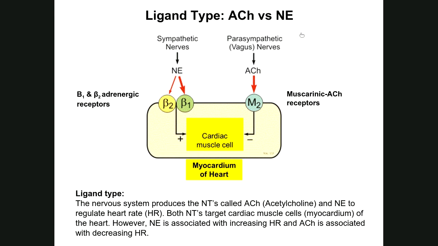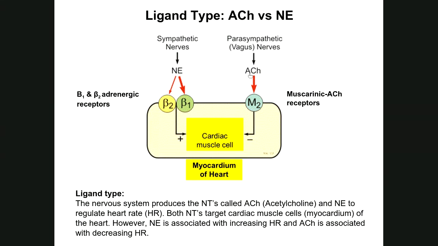This other ligand called acetylcholine targets the same type of cell, cardiac muscle cells, except it binds to a different class of receptors known as acetylcholine receptors. Now, there's more than one type of acetylcholine receptor, but on cardiac muscle cells, the acetylcholine receptors are known as MACH receptors or muscarinic acetylcholine receptors. When the nervous system wants your heart rate to slow down, your nervous system will release a ligand called acetylcholine, ACH.